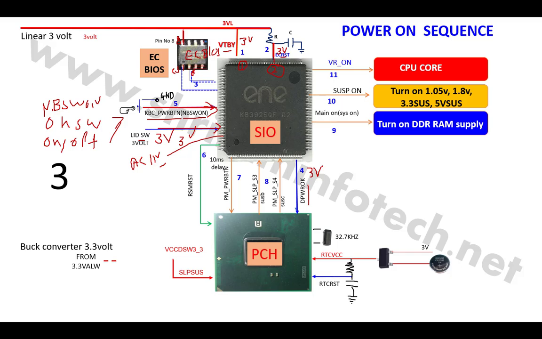And then after, what will happen is that SIO will turn on the buck converters.